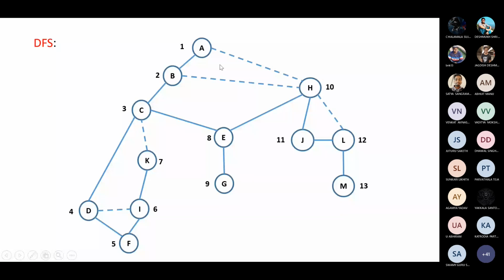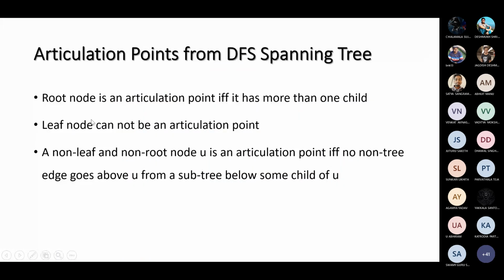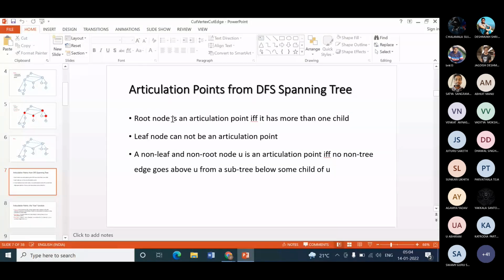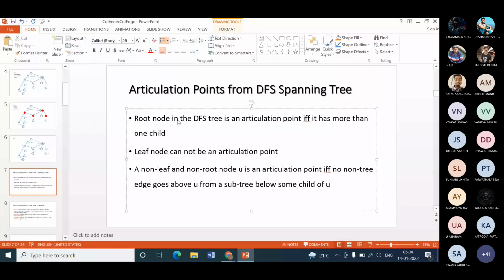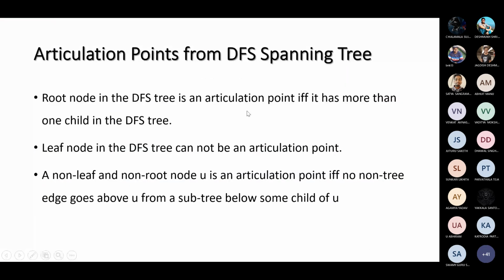So basically, the root node of a DFS tree is an articulation point if and only if it has more than one child in the DFS tree.